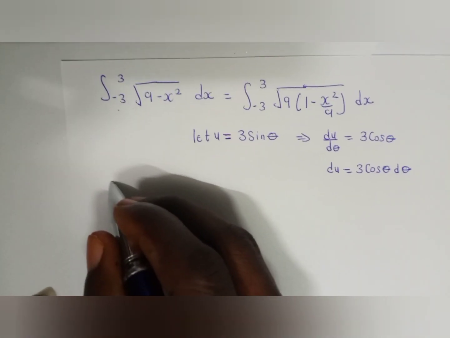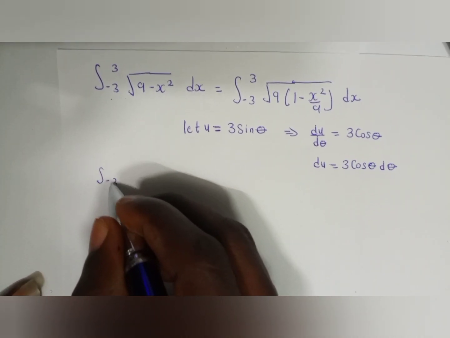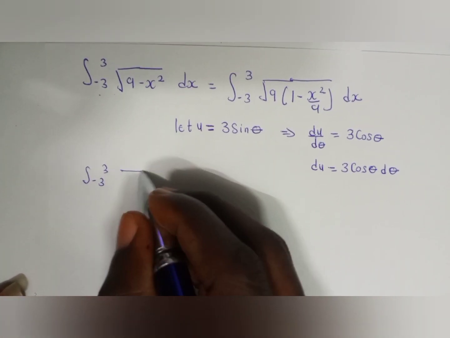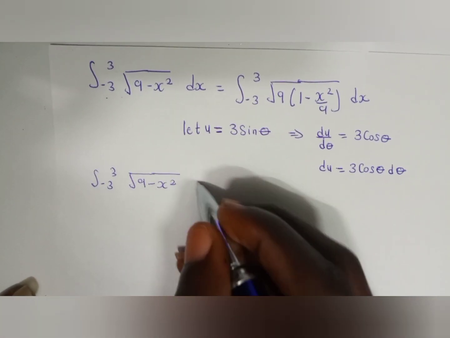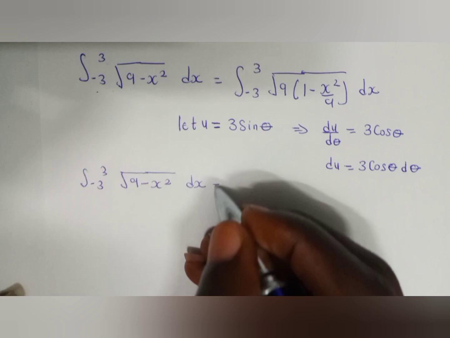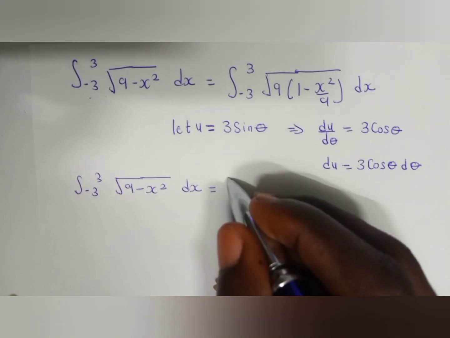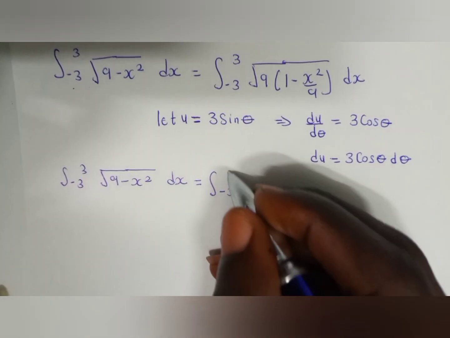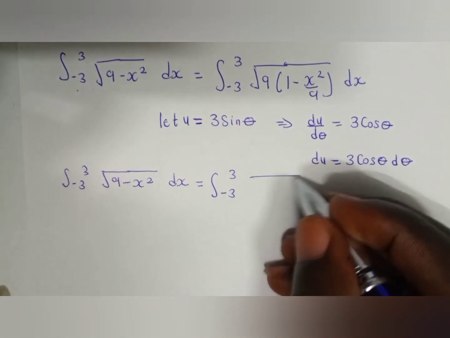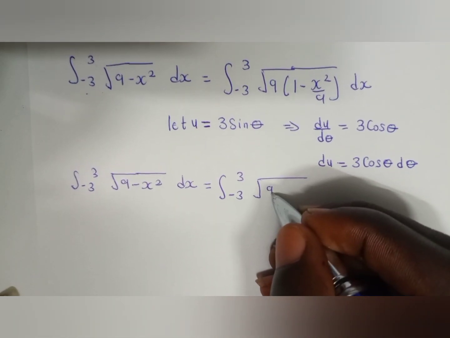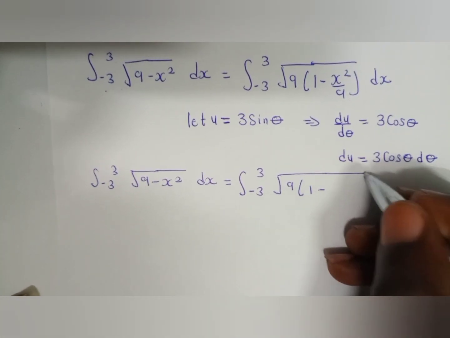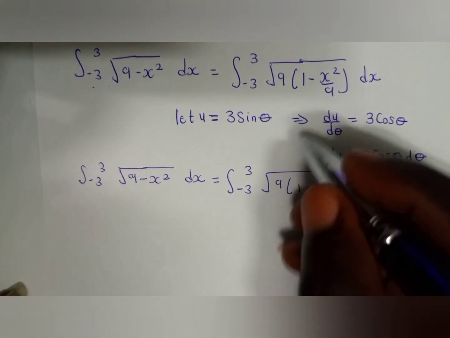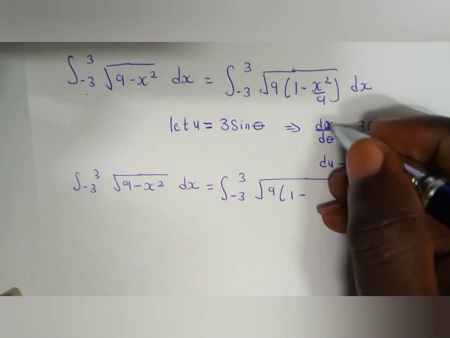So the integral of negative 3 to 3 of root of 9 minus x squared dx will be equal to the integral of negative 3 to 3 of root 9 into bracket 1 minus, we know that, let here be x.